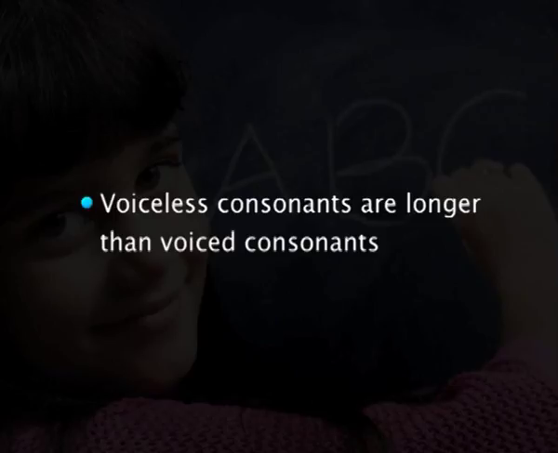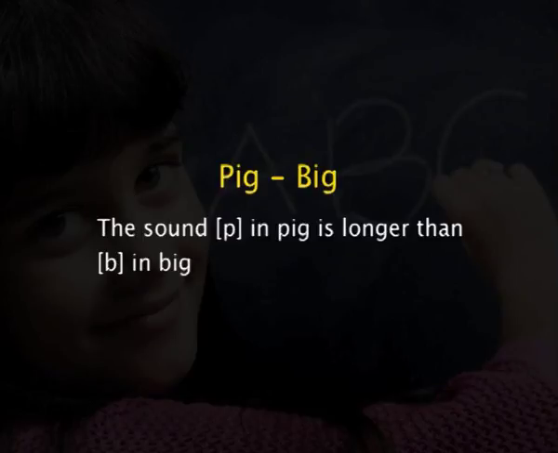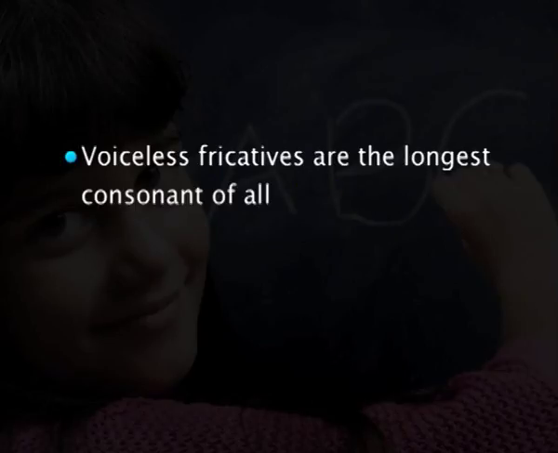Voiceless consonants are longer than voiced consonants. Try contrasting pig and big. The sound p in pig is longer than b in big. Voiceless fricatives are the longest consonants of all.